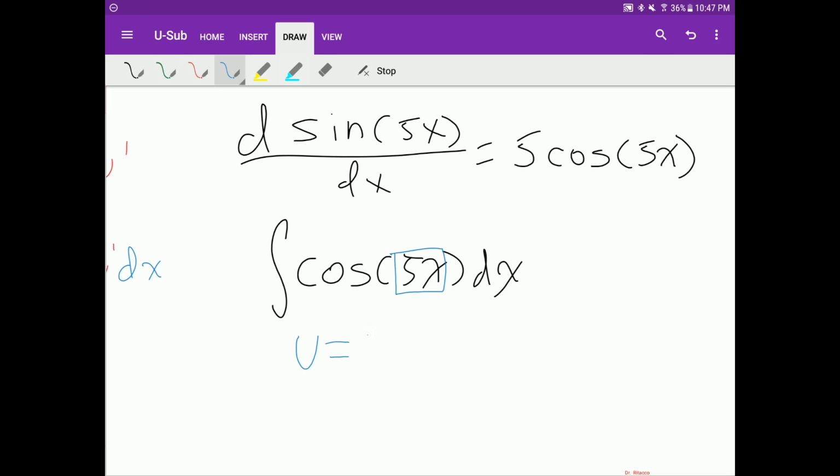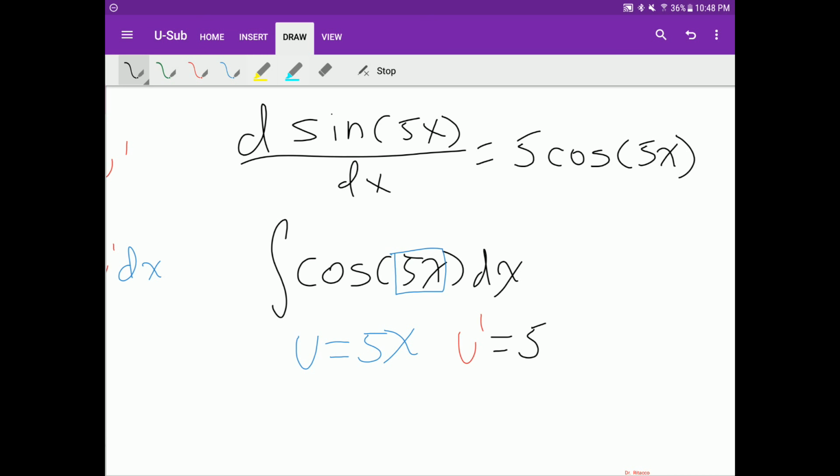So u is 5x. Now we need that derivative, we need u prime. U prime is 5. Well, now here's a problem. I don't have a 5 to make my substitution.